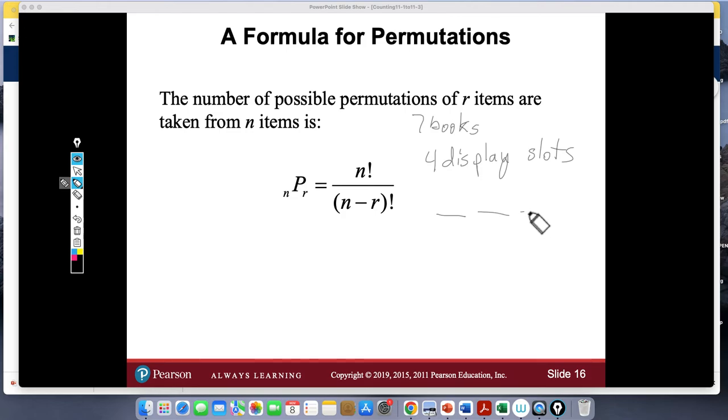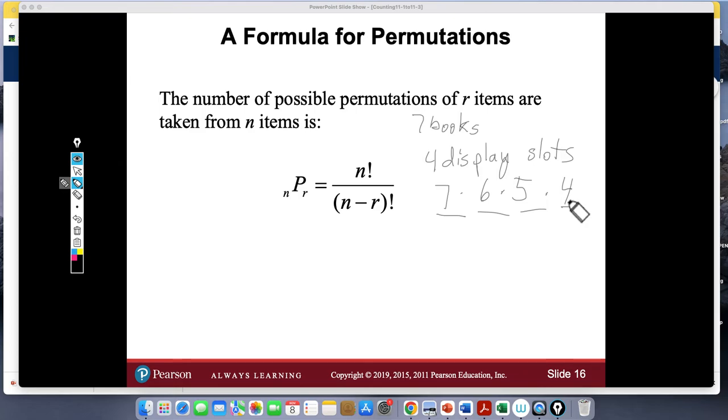So first, let's do this how we've been doing it. I've got 4 display slots, so I'll put those 4 slots. How many books can I choose for the first slot? Well, I've got 7 books. I put a book there. Now how many books do I have? 6. Put a book, got 5. Put a book, got 4. I still have 3 books left, but I don't have any place to display them, so I put them in the closet.